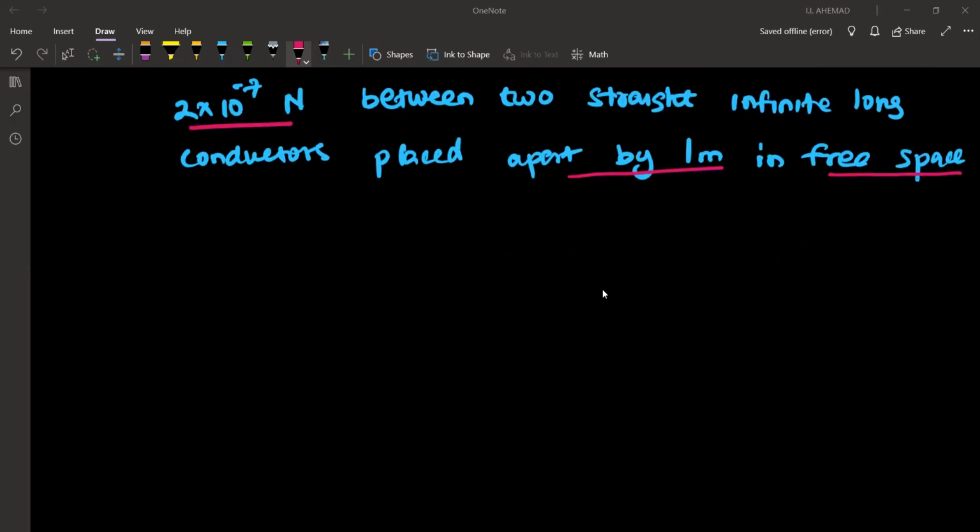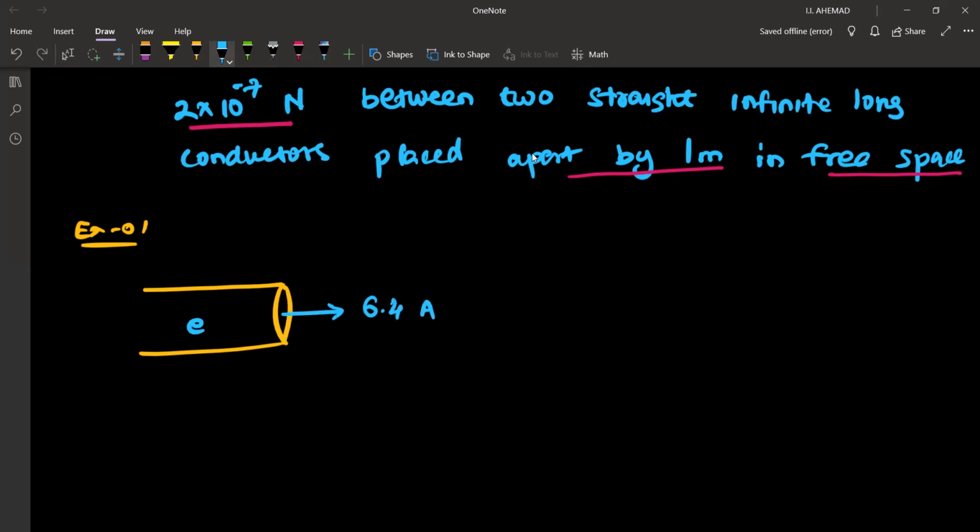Okay, let's try an example. Example 1. We have a conductor. The current in the conductor is 6.4 amperes.